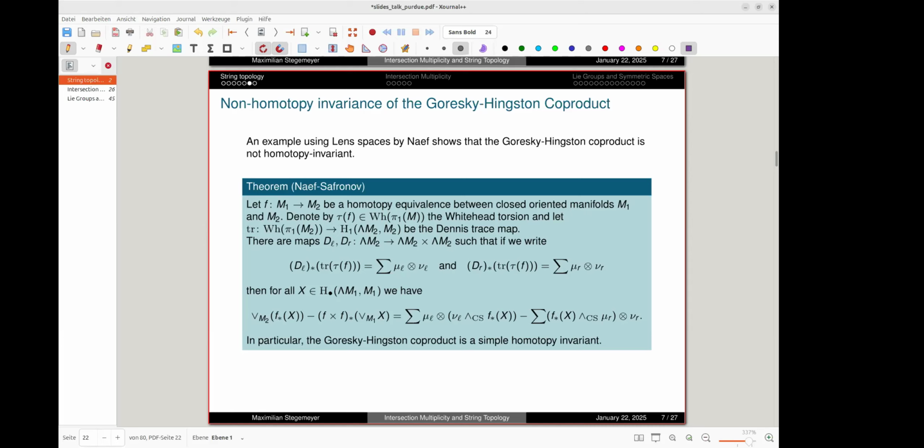Then you get out some tensor product here, and also back here. So what is the point here? We want to look at this difference, right? We want to compare.